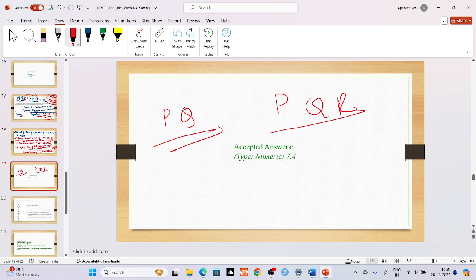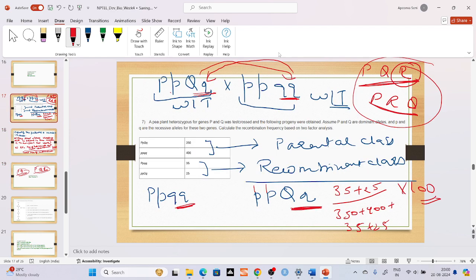So the question of determining the order only comes when there are at least three genes. With two genes, there is no order. So this explanation is specifically for the 3-point test cross, but to determine which gene is getting crossover, I explained with this 2-point test cross example. Do not get confused in this.